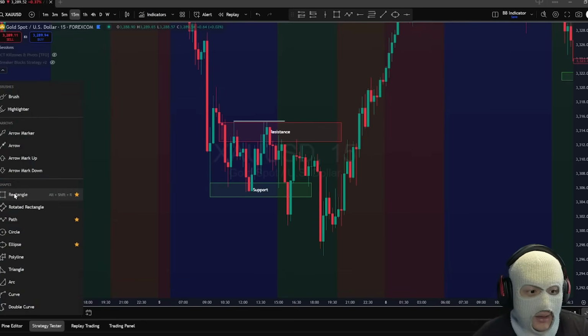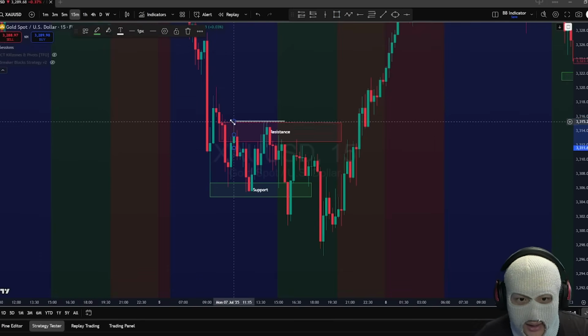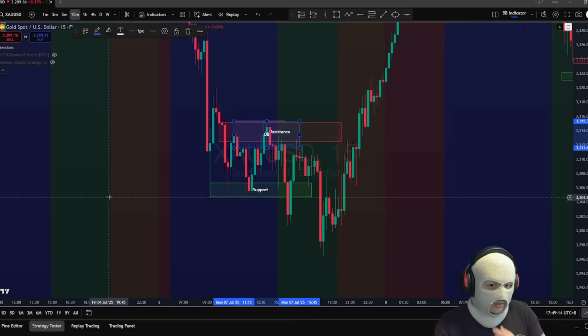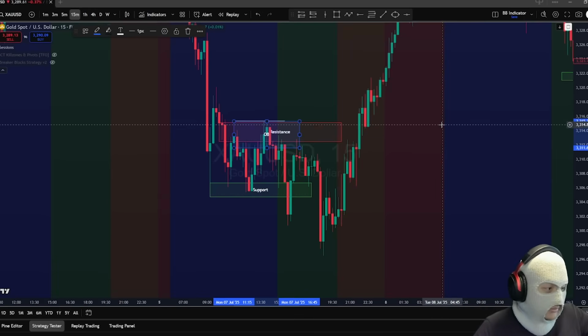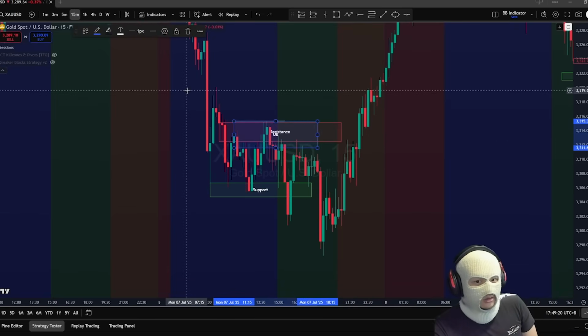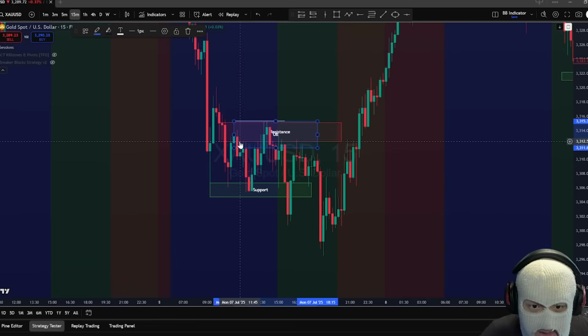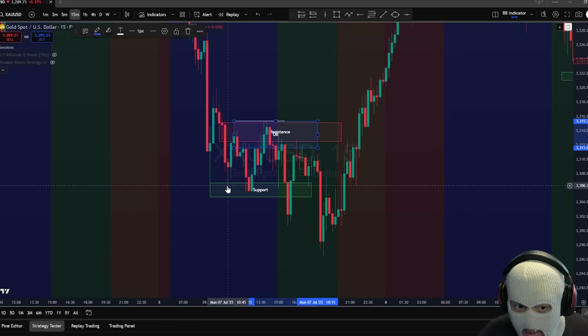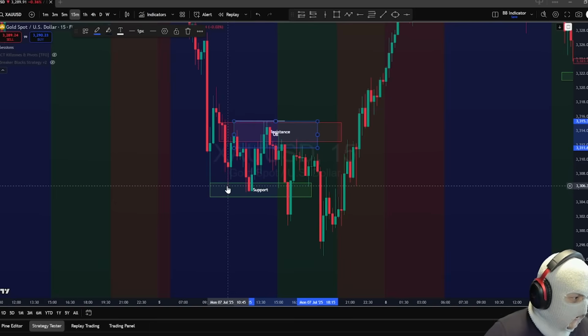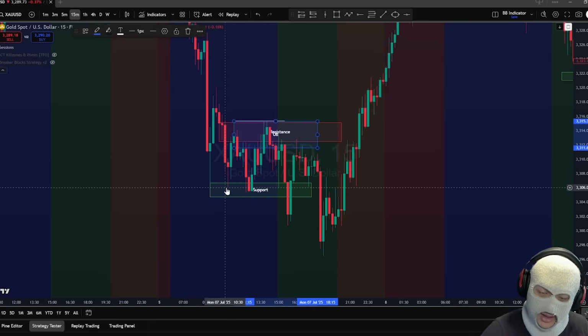Resistance I've drawn here. Where is the OB? Is it just right here? Is the OB at the resistance, the last candle that created the highest point before dumping lower and creating a break of structure lower? Yes.